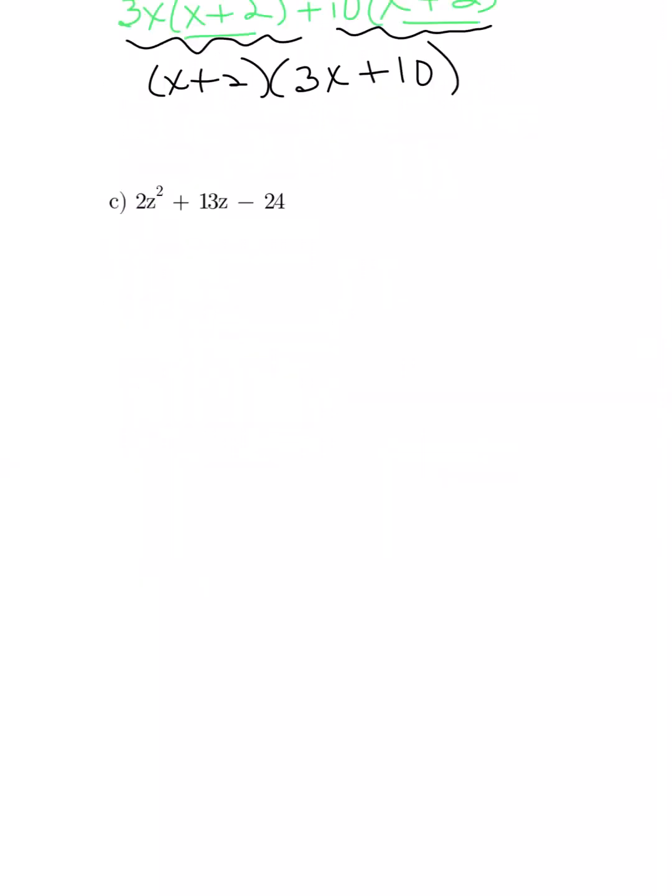What's different about this next one is that our third term is negative. So we're going to have to take that into account as we work on this. A times c is going to be 2 times negative 24, which gives us negative 48. Now we have to ask ourselves what multiplies to equal negative 48 and then would somehow add or subtract to equal 13.